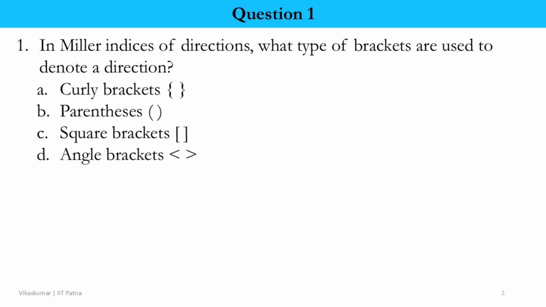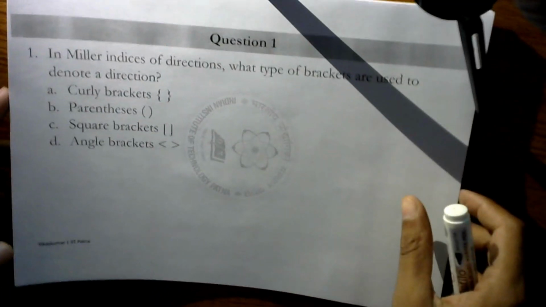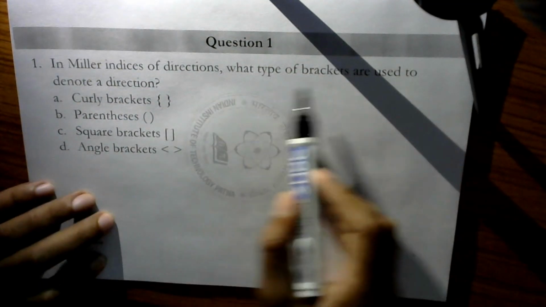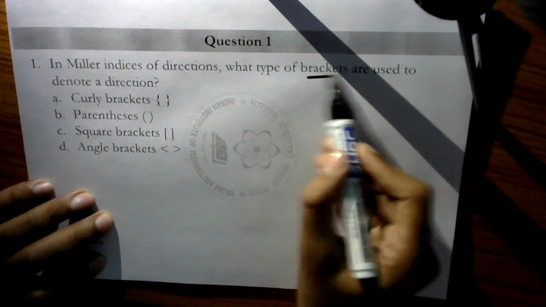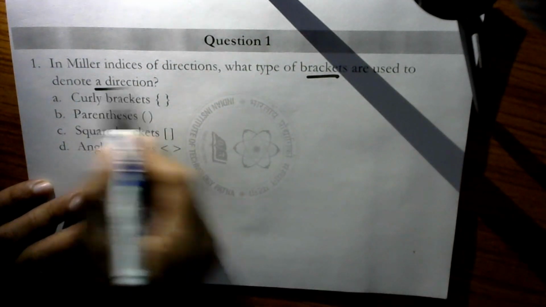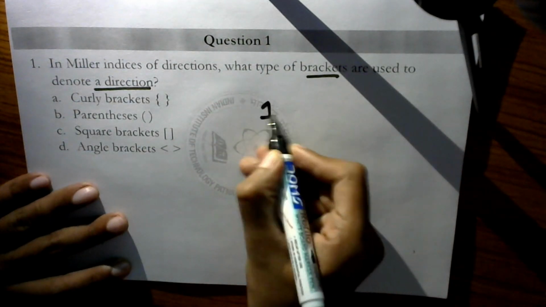The first one. Here we can see the Miller indices of the direction. What type of bracket will we use for a direction? A direction, one direction.